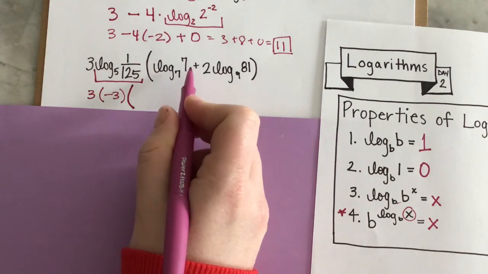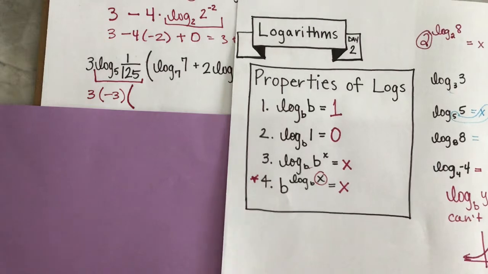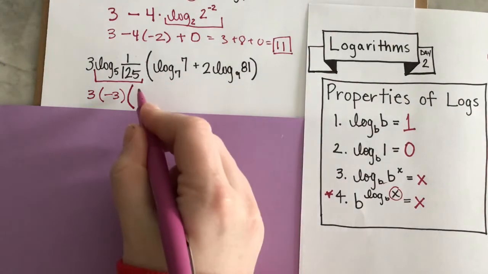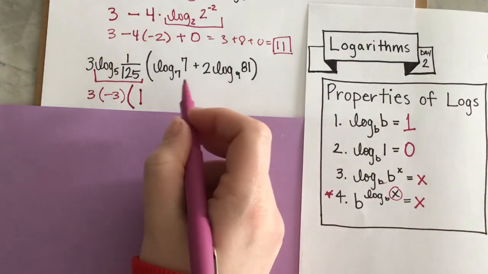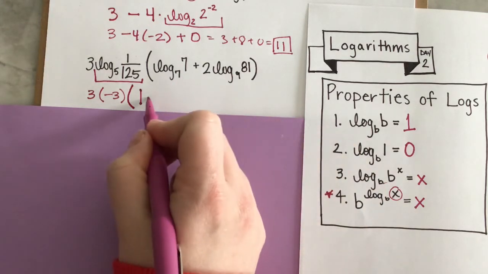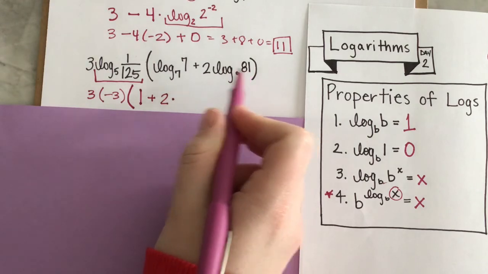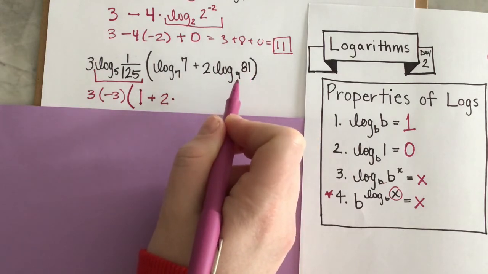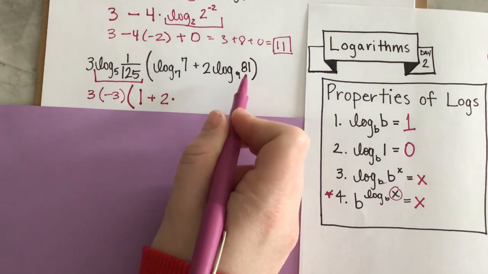7 to what power gets us to 7? And that looks like property number 1. So that gets us to 1, not because it's property 1, but just because those match. Plus 2 times log base 9 of 81. Log base 9 of 81 means 9 to what power gets us to 81?